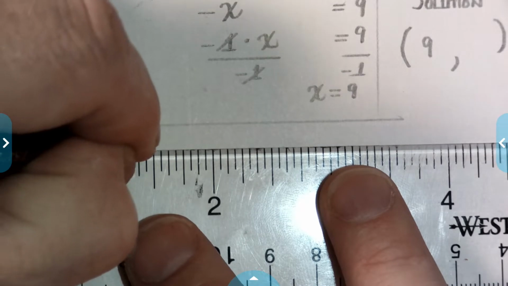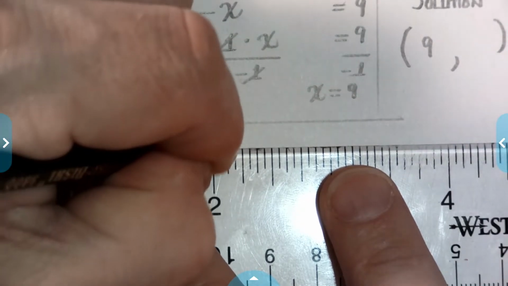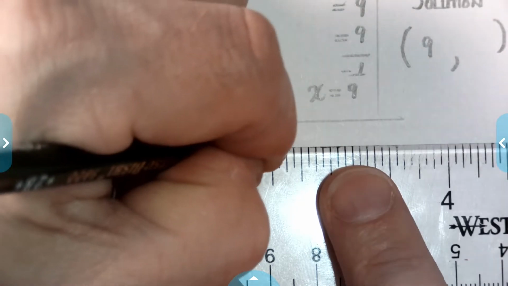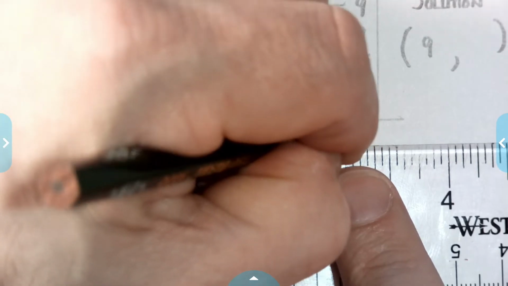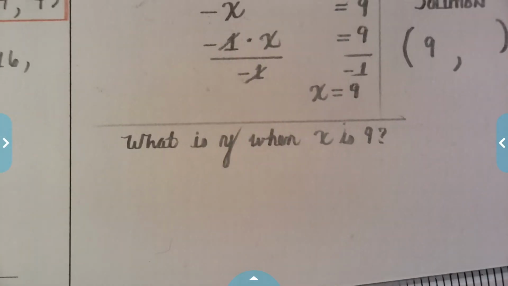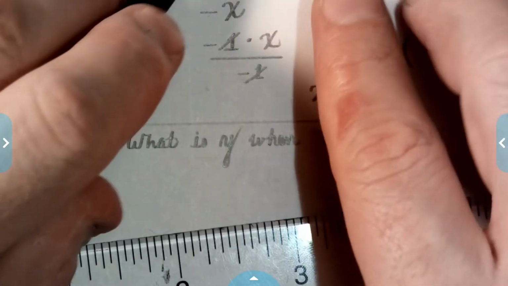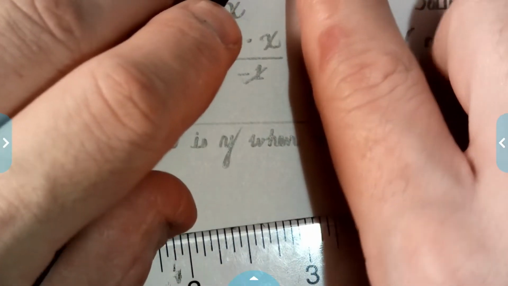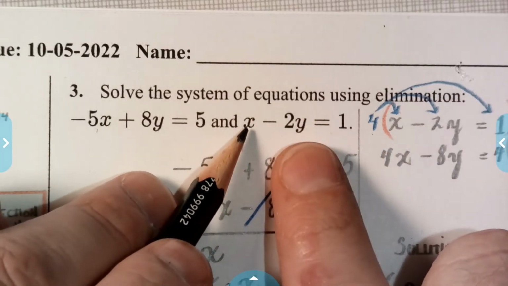What is y when x is 9? Well, let's figure it out. So it looks like the easier equation here for plugging in x is this one. So x minus 2y equals 1.